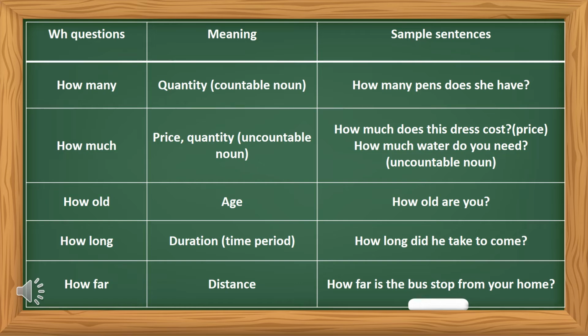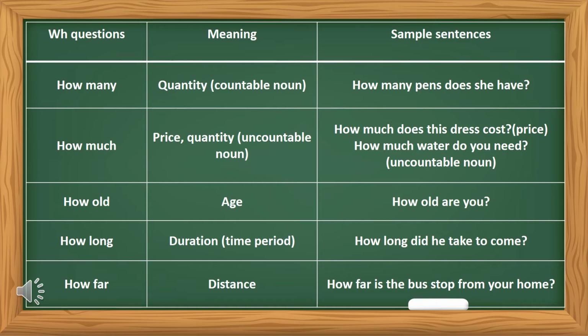Then how far. We use how far to talk about distance. How far is used to ask about the distance of one place from another. We can see the example, how far is the bus stop from your home?